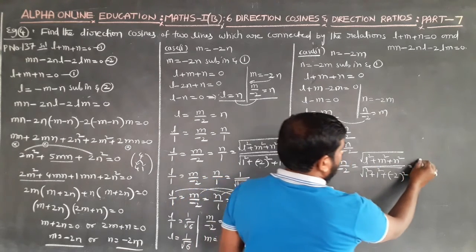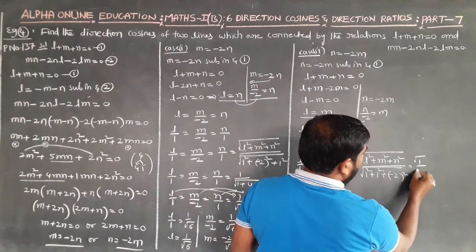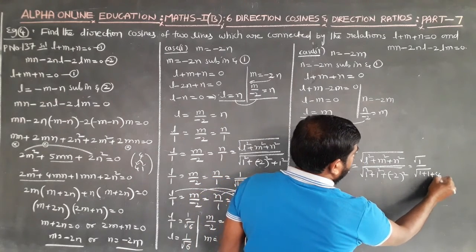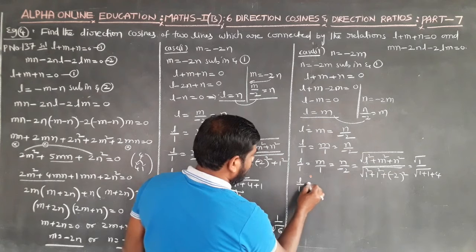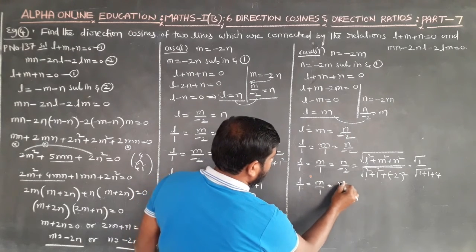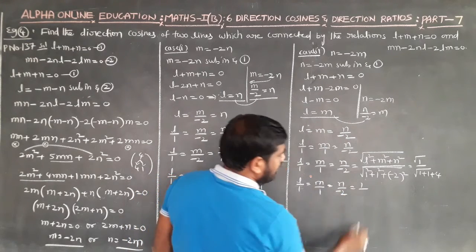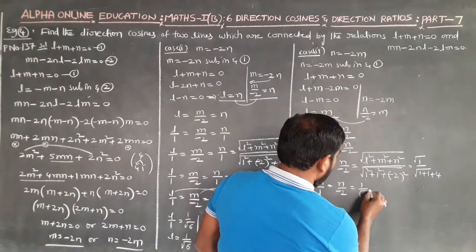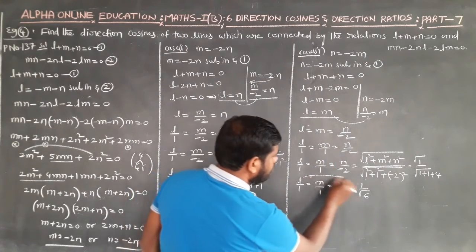Sum of the squares of the DCs is equal to 1 by root of 1 plus 1 plus 4. L by 1 is equal to m by 1 is equal to n by minus 2 is equal to 1 by root 6.